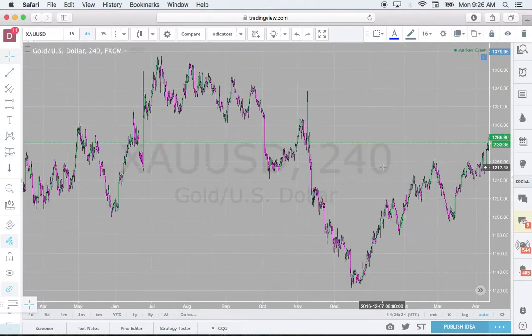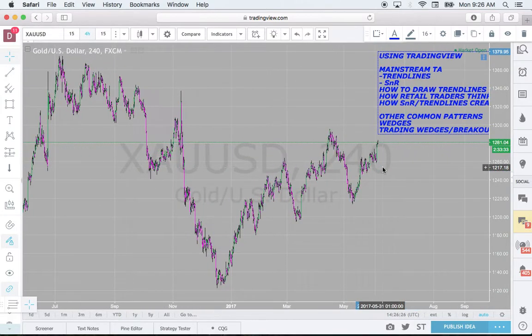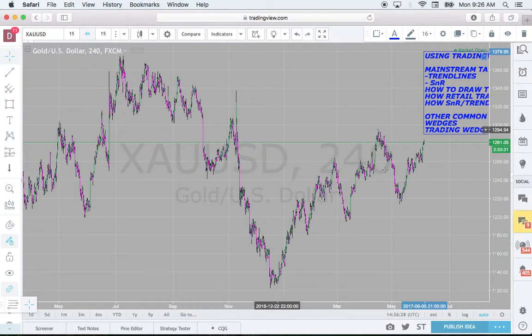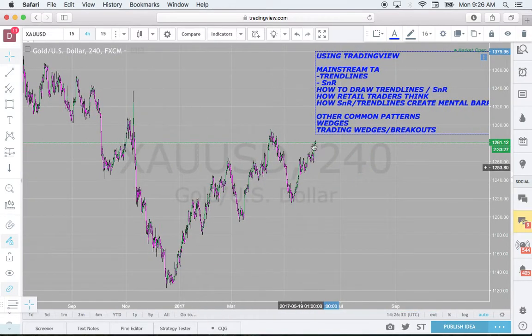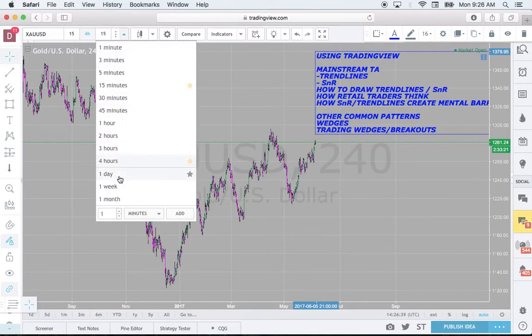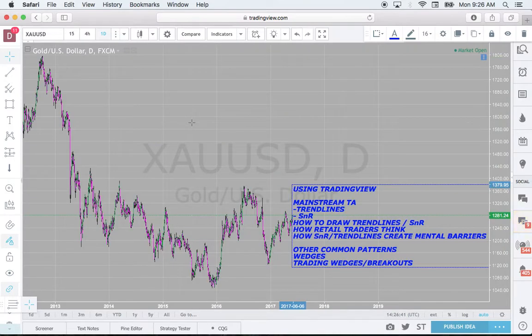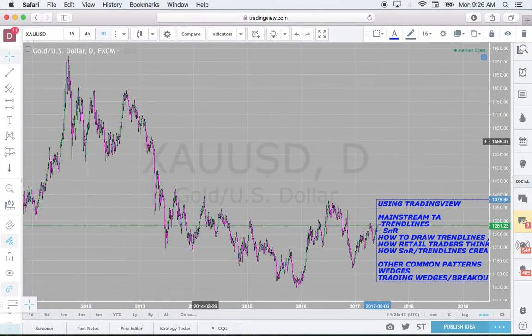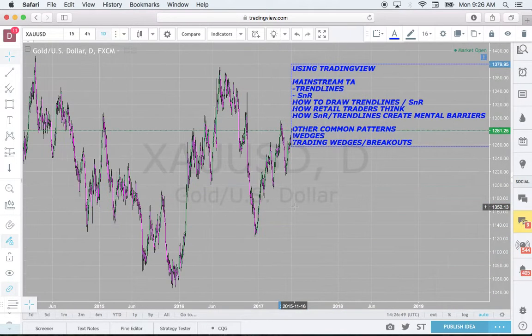Like on the 4-hour chart, it looks here like gold could be somewhat in an uptrend, but then you go to a bigger picture like a daily, and it looks like it could be in a bigger downtrend.